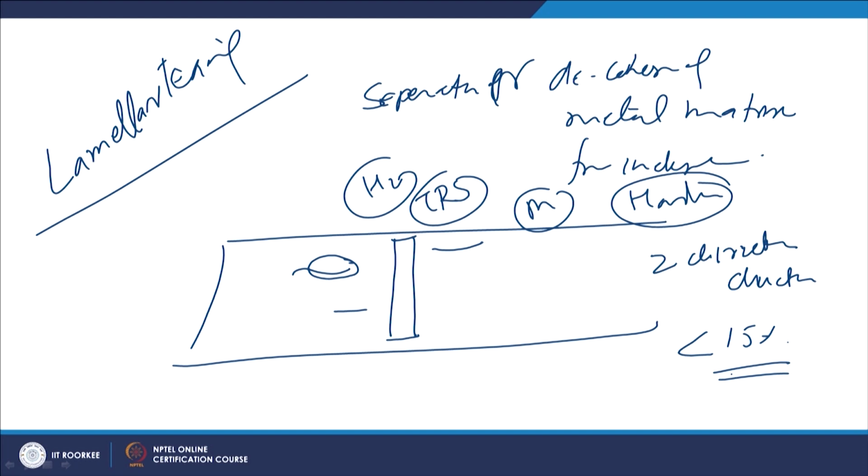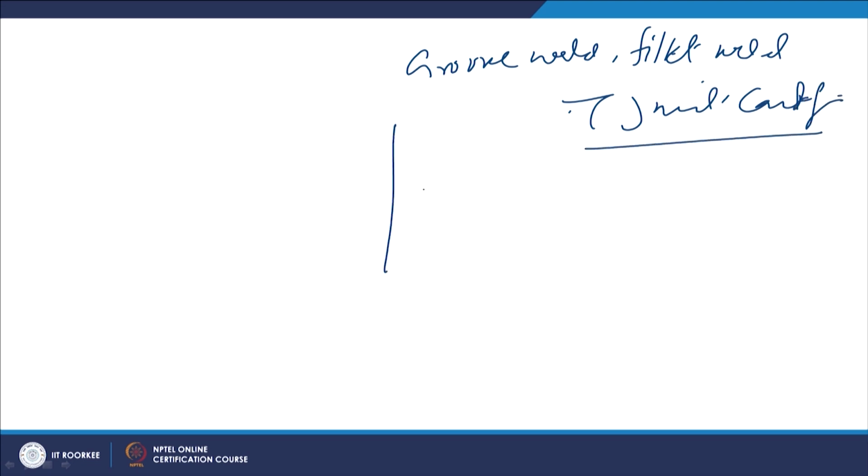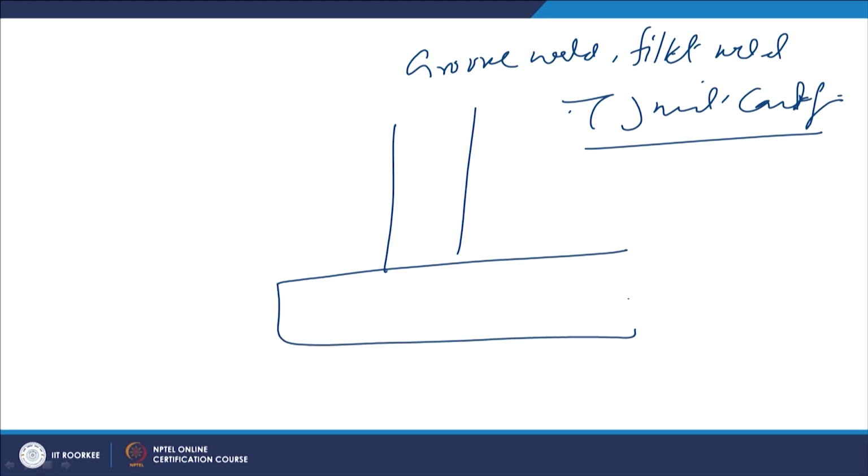This type of tearing is typically observed in groove weld, fillet weld, and T joint configurations. Say the joint is typically like this. The development of the weld in this manner will set up higher residual stresses in the weld zone.